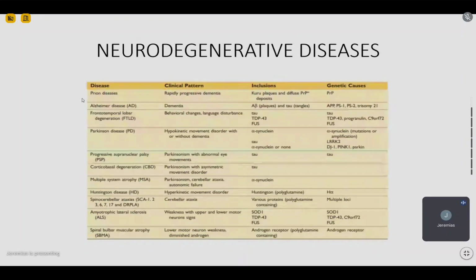On this table, listed are the different neurodegenerative diseases together with their clinical pattern and inclusions. I will leave this table for you to study.